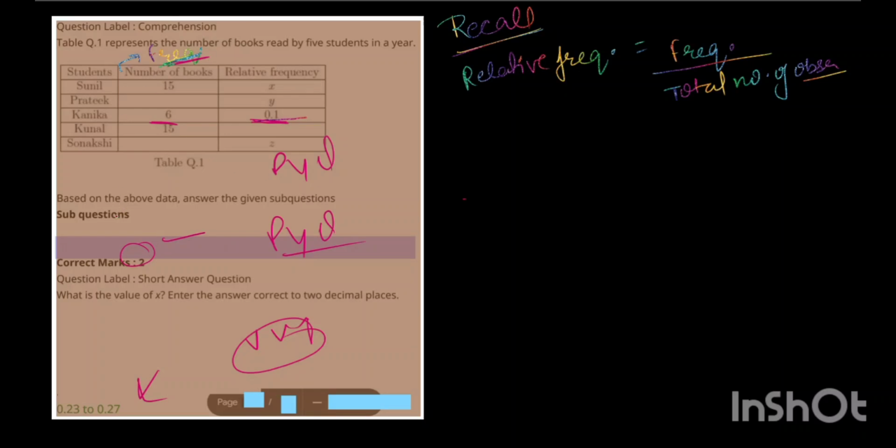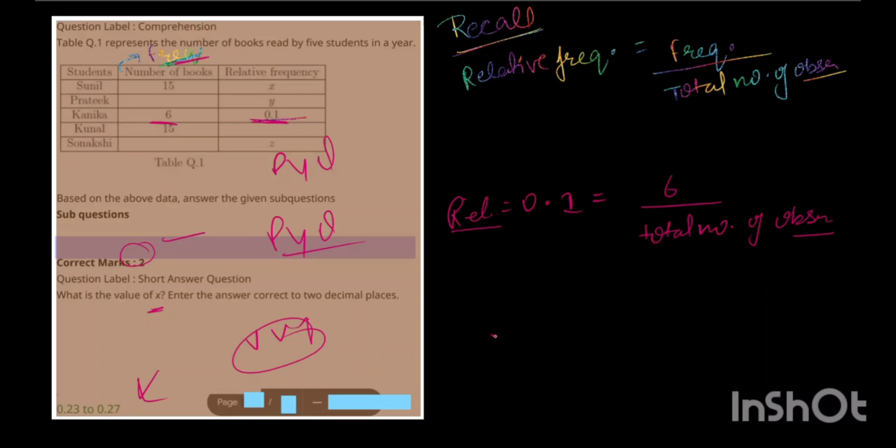We know that frequency is the count of something, and of course the number of books is a count of the books. So relative frequency, as you can see, 0.1 will be equal to frequency, which is 6, by the total number of observations.